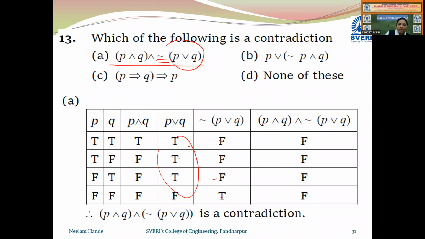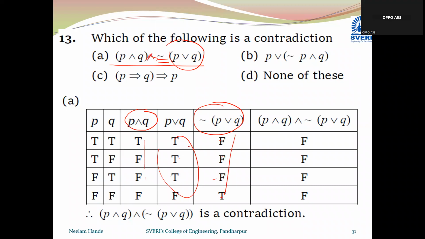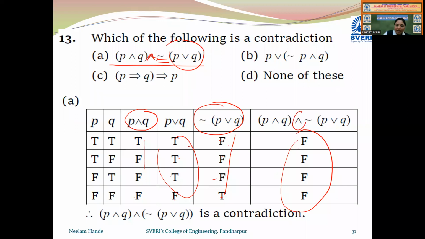And then there is OR of P and Q and negation of P or Q. So we'll write and in between. And table, true, false is false. And false, false, false, false, and false true. All these are false. We are writing the and table.